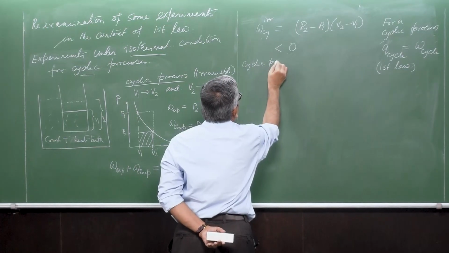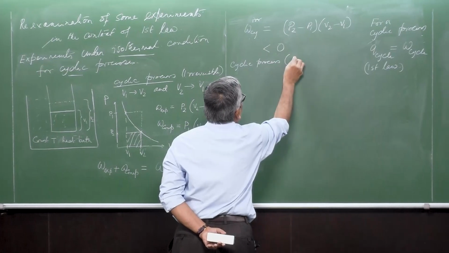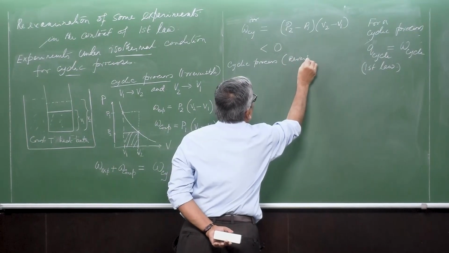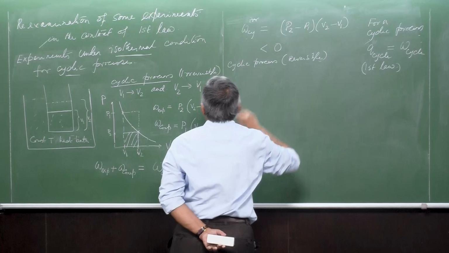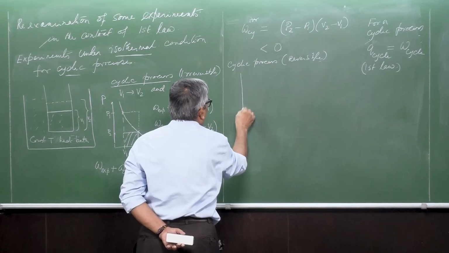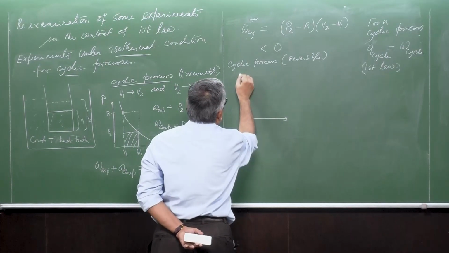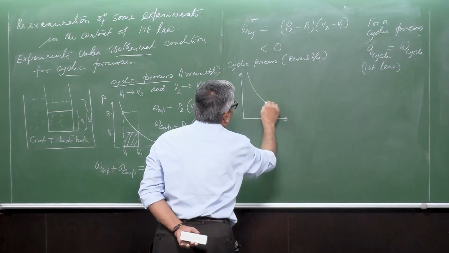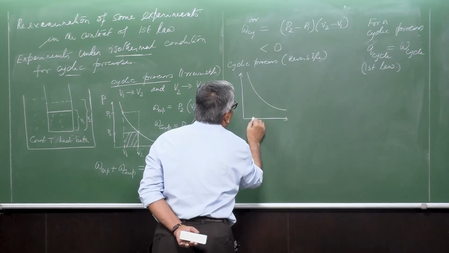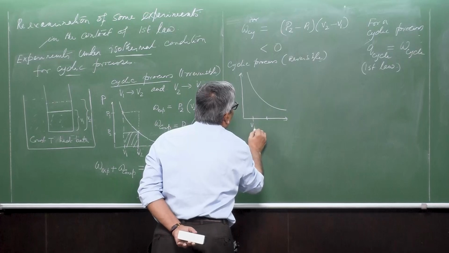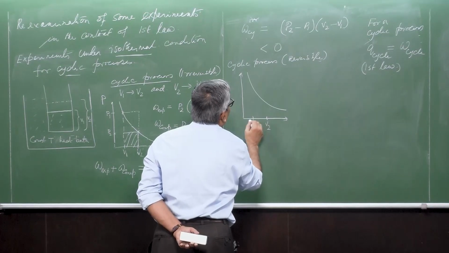cyclic process, if it is reversible, then exactly, we go from V1 to V2 and come back.